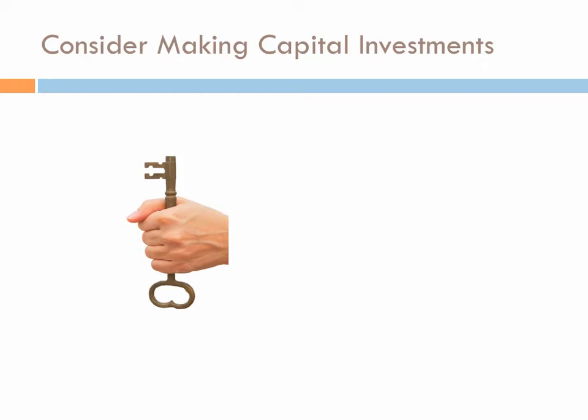Regardless of your business type or structure, you can always consider making capital investments to benefit your business and take advantage of temporary expensing options to reduce your current income.